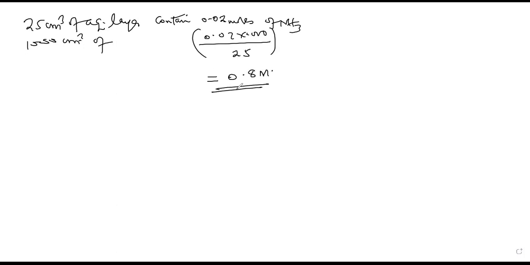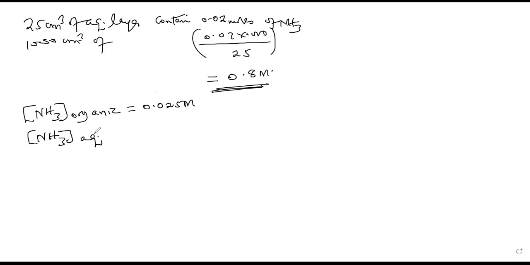In summary, the concentration of ammonia in the organic layer is 0.025, and in the aqueous layer the total is 0.8 molar. From here, we calculate the free ammonia.